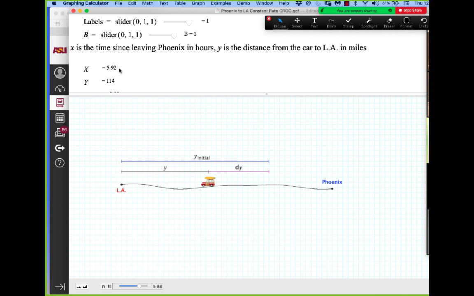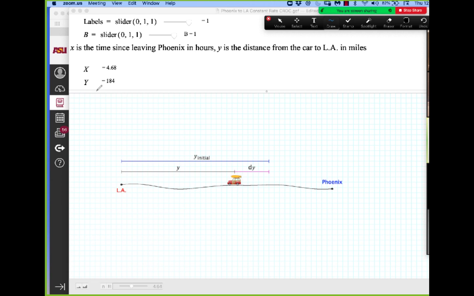So we have an ongoing correspondence between x and y. As time increases, our distance from LA decreases. So looking at those values, my question is, does y change at a constant rate with respect to x? Does the distance from LA change at a constant rate with respect to time since we left Phoenix, by observing those values?